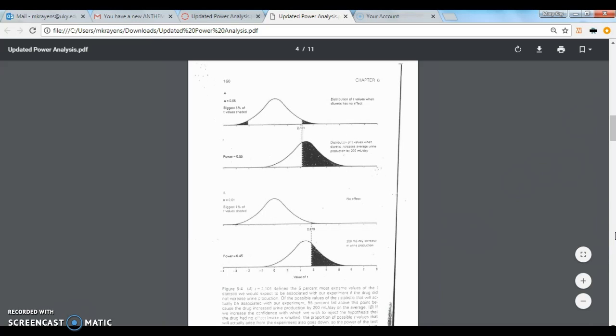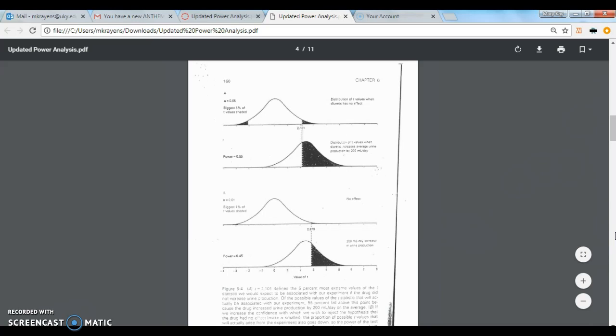Now instead of looking for a t greater than 2.1 to indicate significance, you would look for a t-value greater than 2.4 by rounding. If I see a value greater than 2.4, then I would conclude that the groups are different. But raising that critical value to 2.4 decreases the percent of time that you will have a t-value outside of that critical value of 2.379.